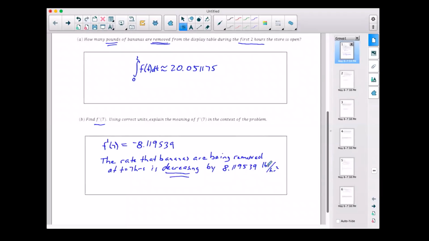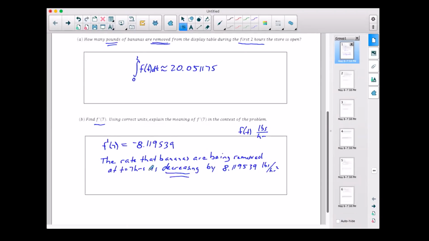You have to get these units correctly. And the units of F, when we wrote those down to begin with, we said that the units for F were in pounds per hour. And so if we take F's derivative, every time we take a derivative, we're essentially dividing by another denominator. So instead of being pounds per hour, it becomes pounds per hour squared.